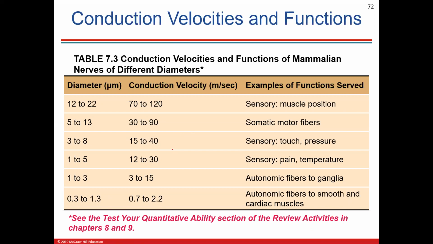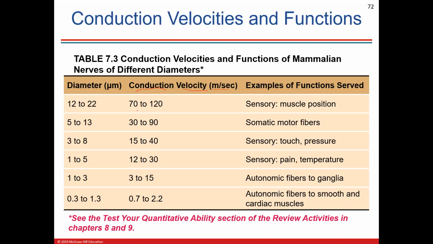Okay, just showing some diameters and conduction velocity. You could measure this. If you go to the doctor and neurologist, they can do conduction velocity tests and compare it to what it should be for your demographic, or sometimes they'll measure side to side.